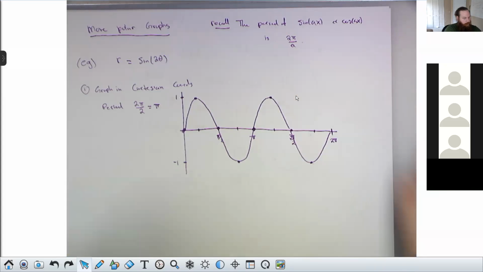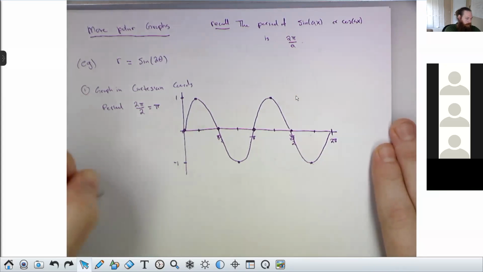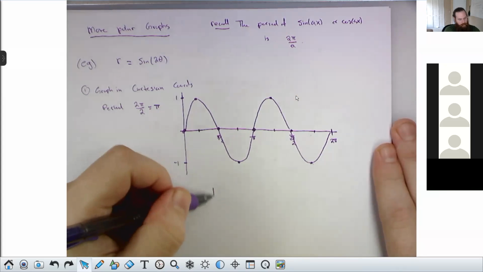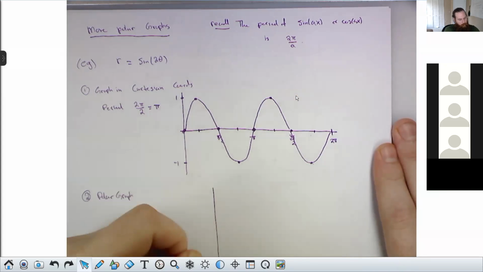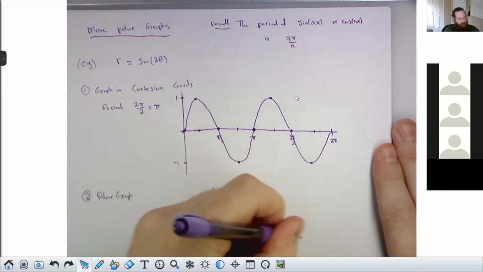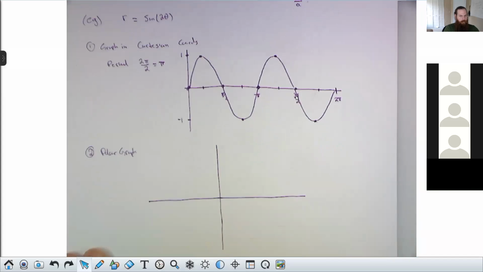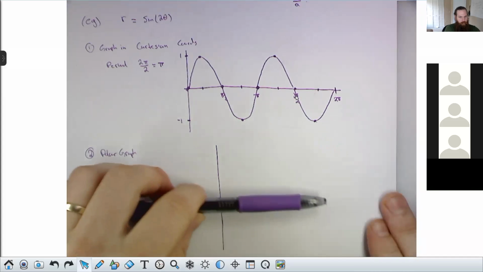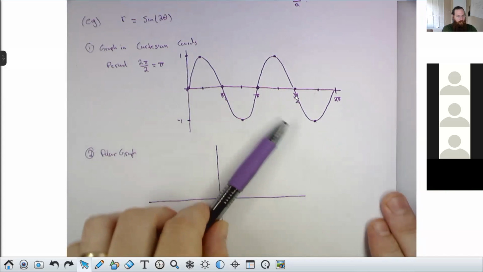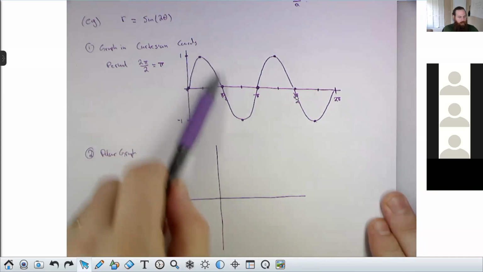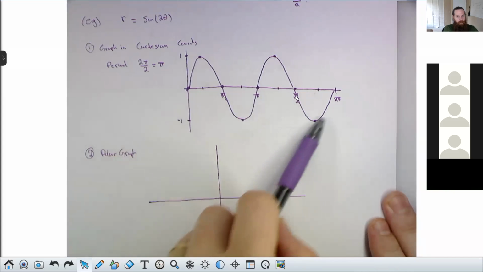Then if I want to get the polar graph, I have to imagine that kind of revolving arm. I imagine a little arm that revolves around, and there's a guy running in and out on that arm according to this pattern.